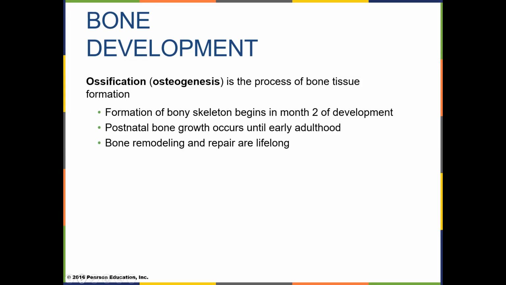And then when the ossification process stops, we continue with our remodeling and repair processes, because we're always reshaping our skeleton based on the demands we're placing on it. In fact, we completely replace our entire skeleton every 10 years.